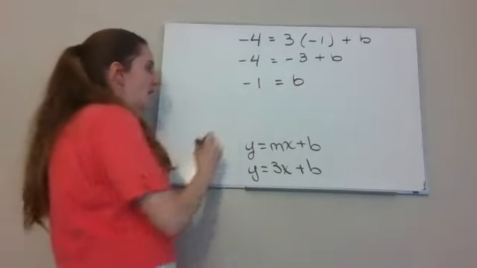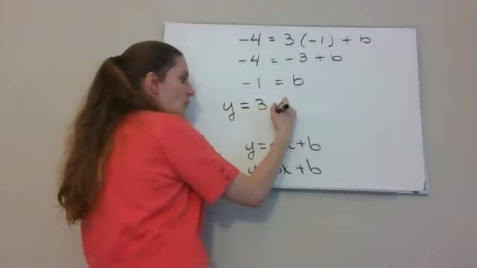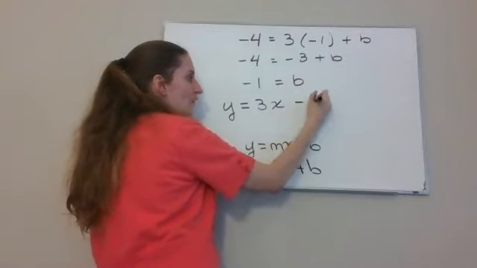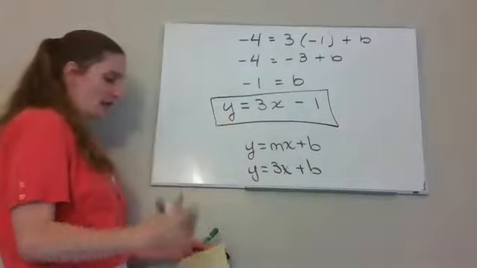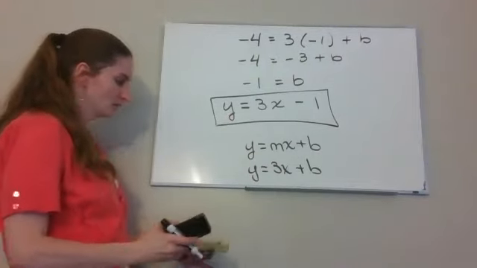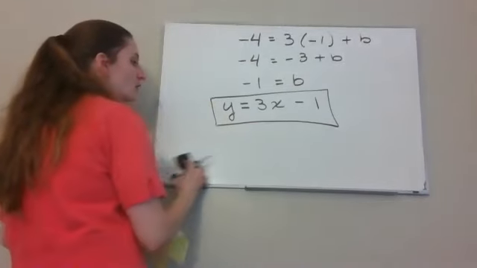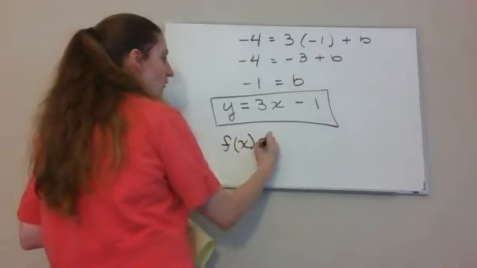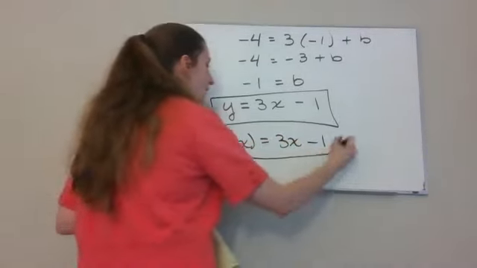So that means that the equation is y equals my slope times my x plus my b. So plus a -1, which is the same thing as minus 1. There is my linear equation, y equals 3x minus 1. And if I'm going to write that in function notation, I just replace the y with f of x. f of x equals 3x minus 1.